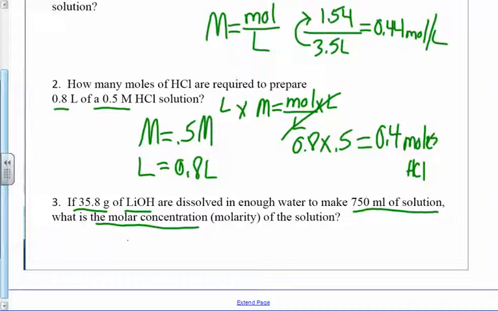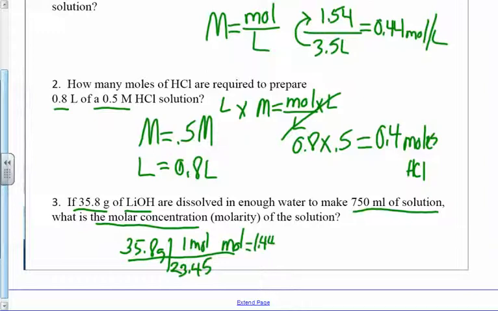The first thing we have to do is convert 35.8 grams of lithium hydroxide to moles. We need to know how many moles it is. So we know that the molar mass of lithium hydroxide is 23.45 grams per mole. And then we come up with 1.44 moles of lithium hydroxide that we can use.